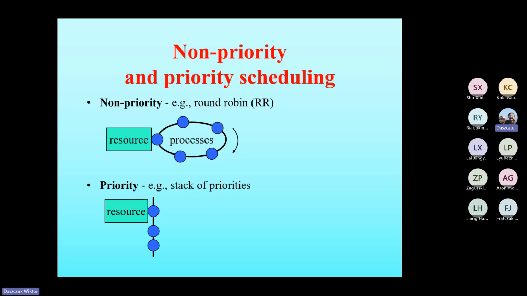On the next occasion, we move the circle by some angle, clockwise. So next will be this one, this one, this one, this one, and again this one. So someone imagined this as round robin.